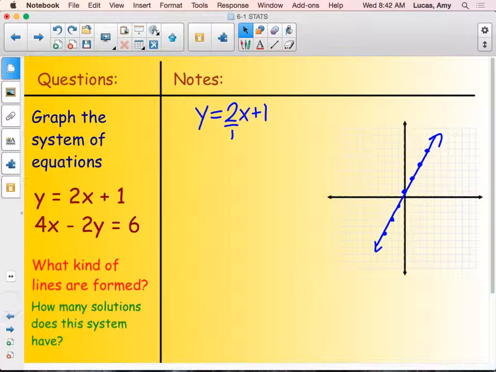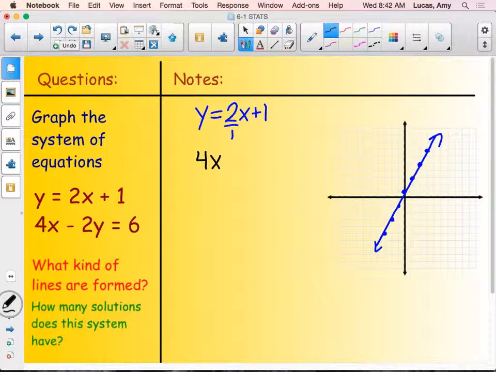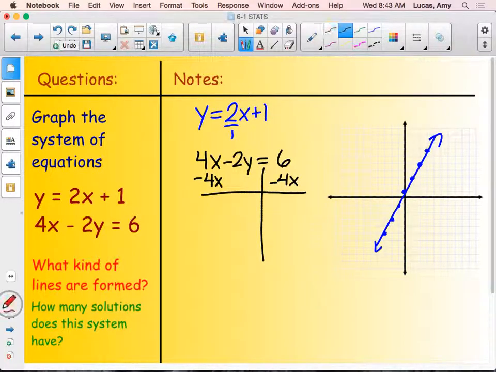Okay, my second one, 4x minus 2y equals 6, needs some solving. Subtract 4x on both sides. So negative 2y equals negative 4x plus 6. And then divide everything by negative 2.